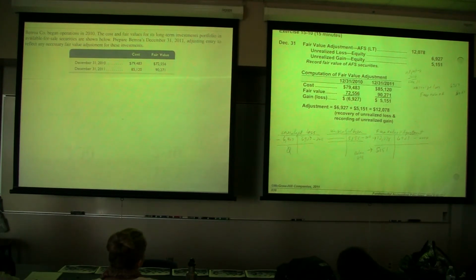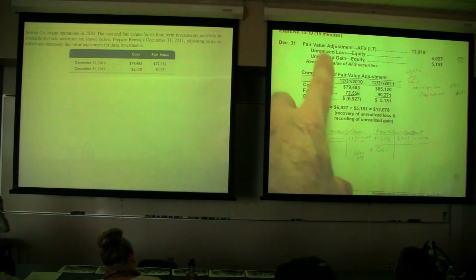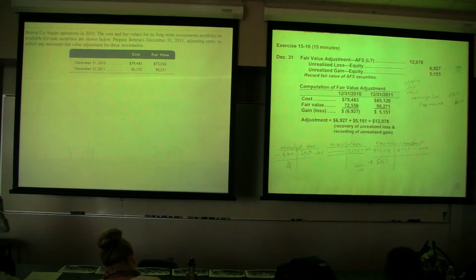What I'm confused about is why are you doing it for 2 years? Why didn't they do this at the end of 2010 and then again at the end of 2011? The problem only asked for the last year. You're right, it could have asked for 2 years. But why does it give you 2 years of information?